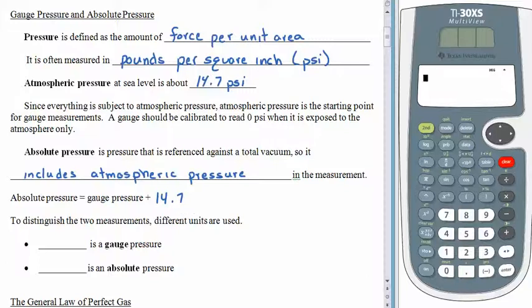Keeping all of these pressures separate so we don't get confused, we use some different units. If we talk about PSI, pounds per square inch, but it's coming from a gauge, we say PSIG. And if we talk about absolute, we say PSIA.